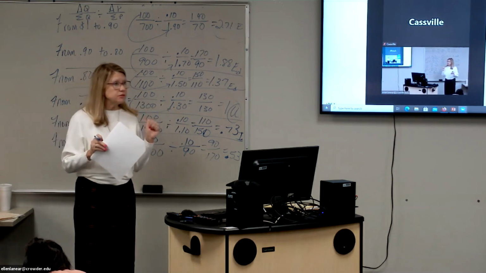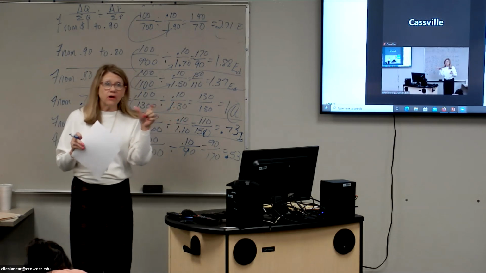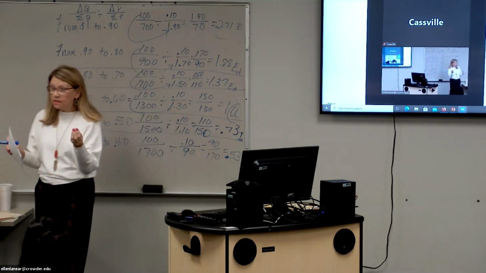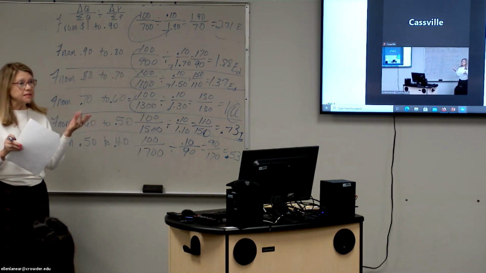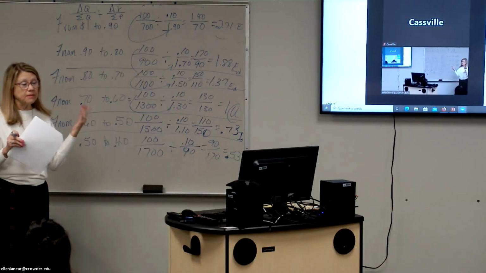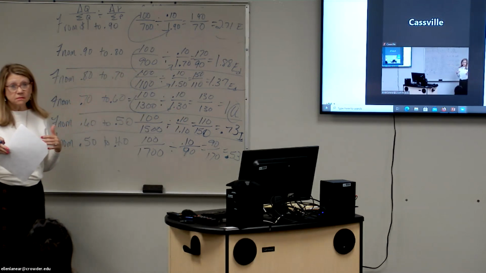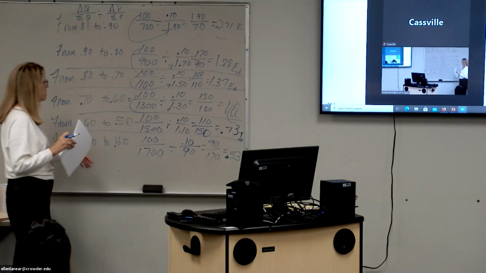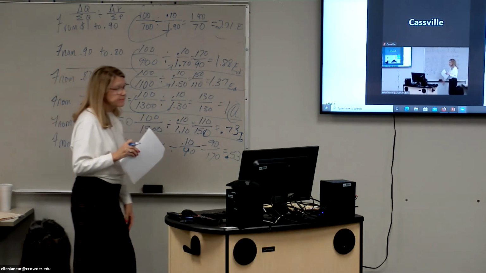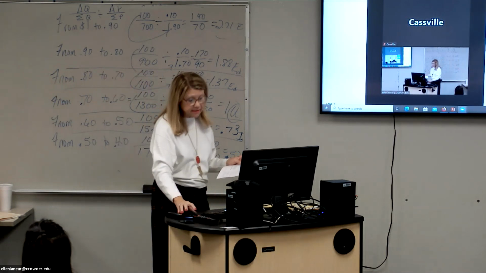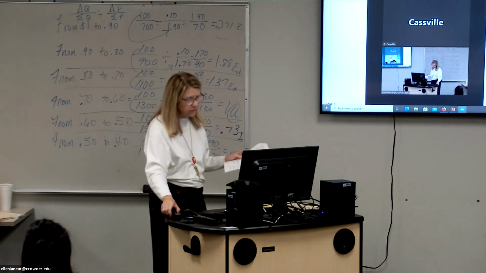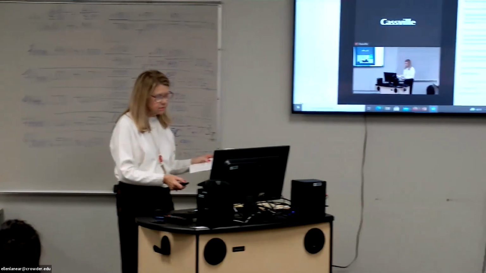We introduced price times quantity in the chapter on least cost method of production, where we looked at total revenue minus total cost. The total revenue test is probably easier to do, so I'll move over to this board.